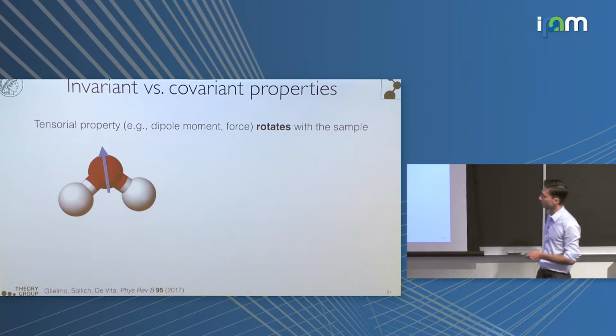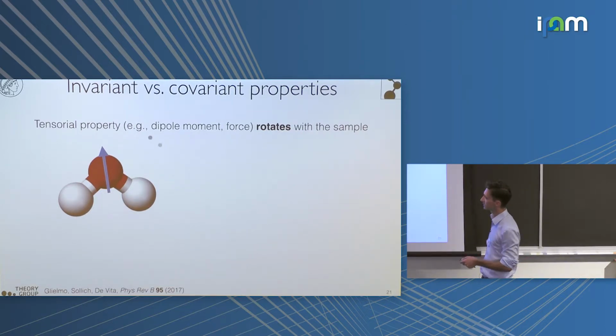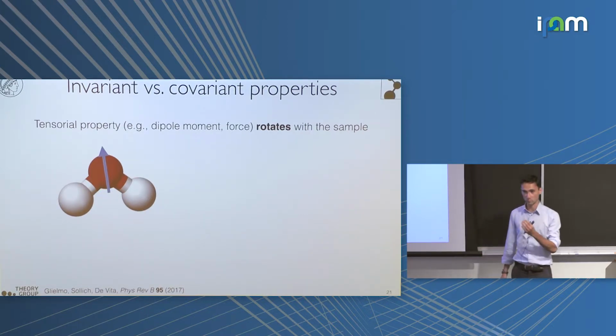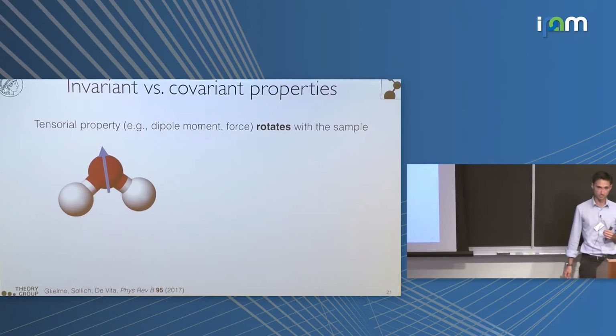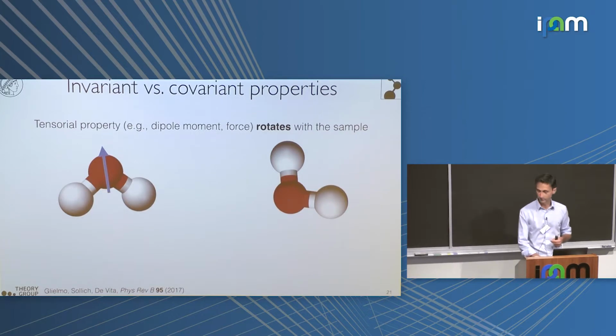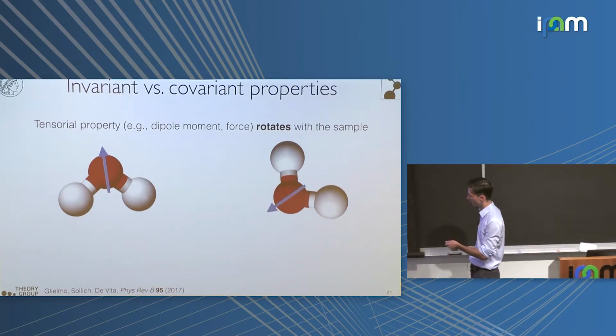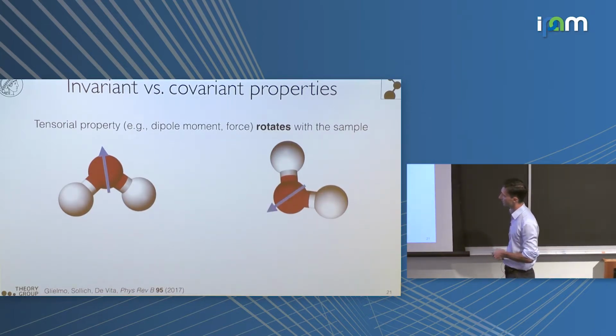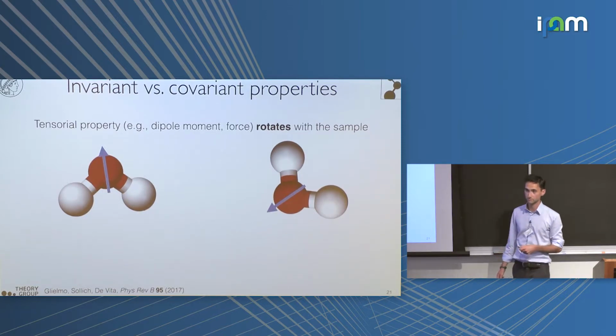If I look at something like a force acting on this molecule, or a dipole moment, for instance, this is a vector quantity now, and that means that if I rotate the sample, then the force should rotate with it. And so that becomes covariant. So you can see it here. If I rotate my water molecule, then my target property needs to rotate as well.